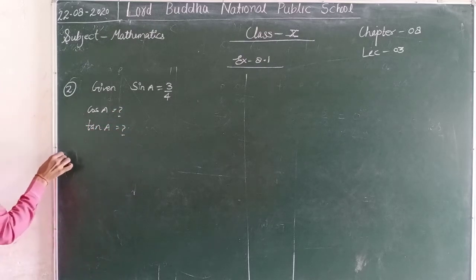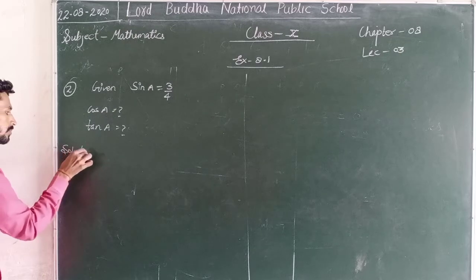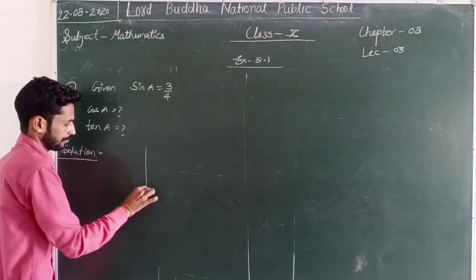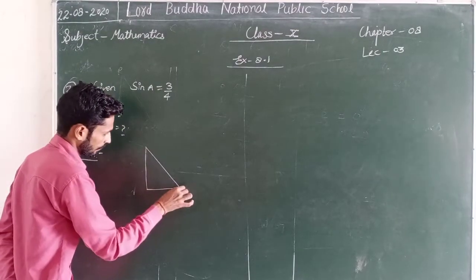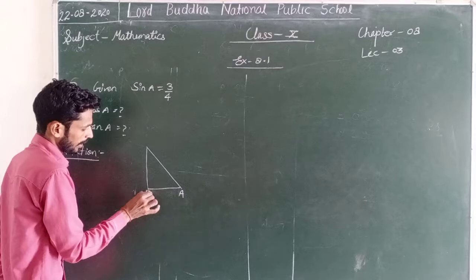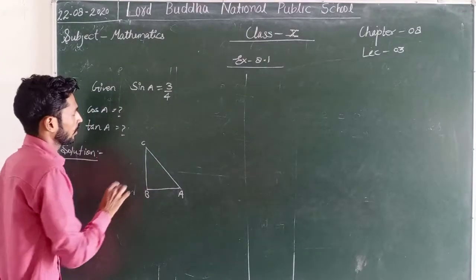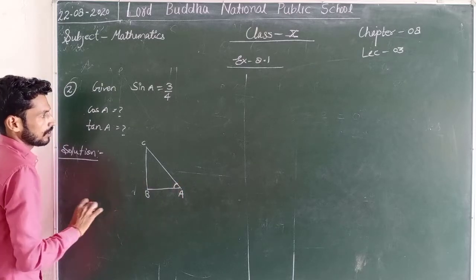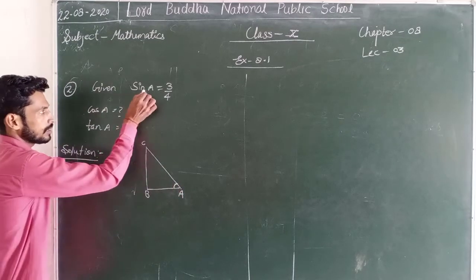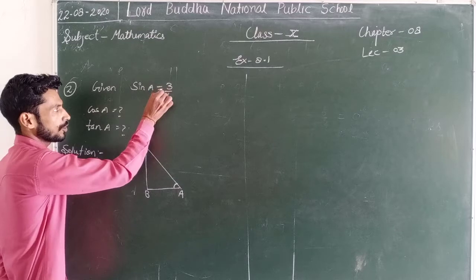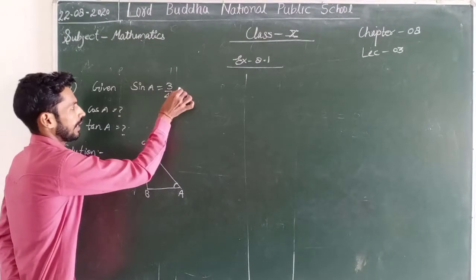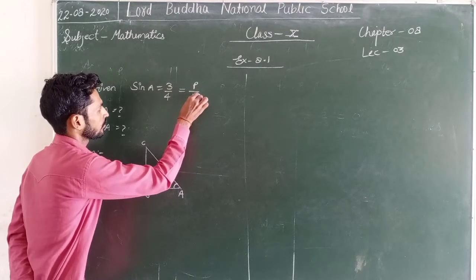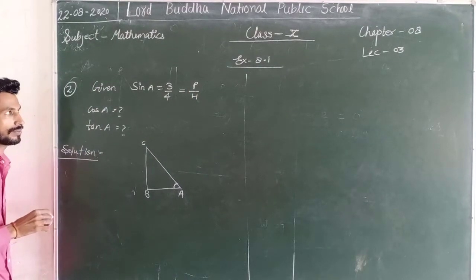So solution is, draw a triangle like this, A, B, C. If we are taking angle A, so for this angle it is written that sin A equals 3 by 4, and sin A is the ratio of perpendicular upon hypotenuse.